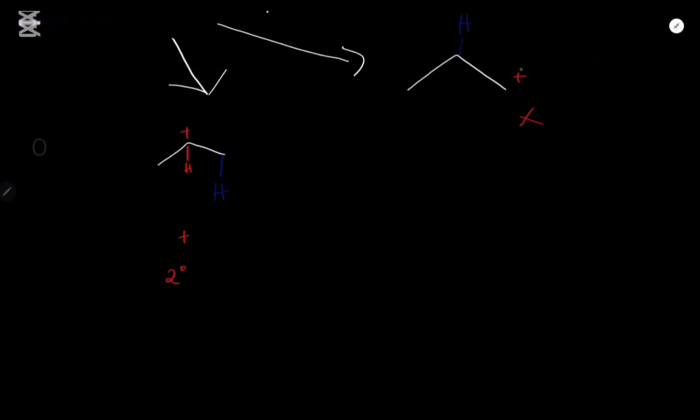And this carbon possessing a charge here is primary, because it is connected to only one carbon. So this becomes more stable, and this one less stable, or not stable. As a result, this one does not qualify, but the correct answer is this one.